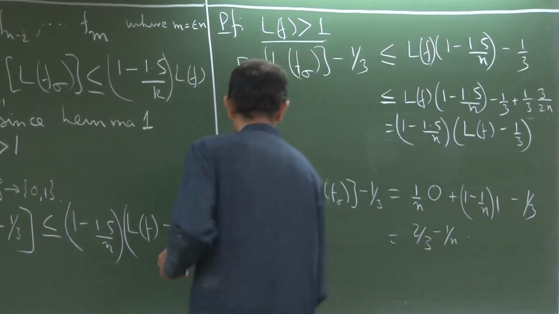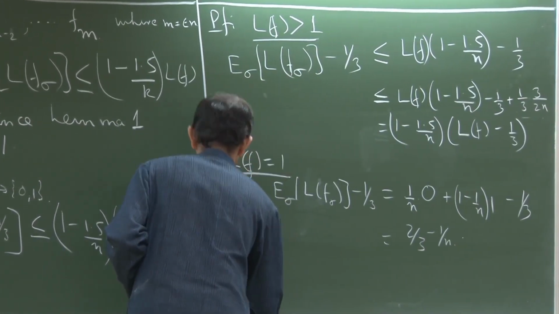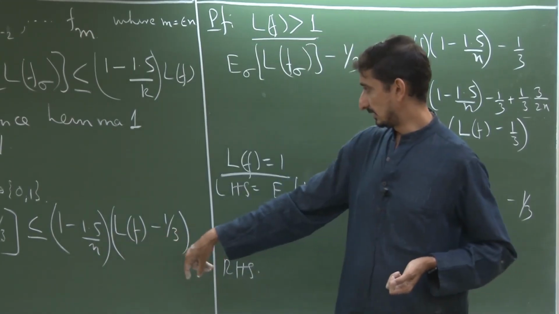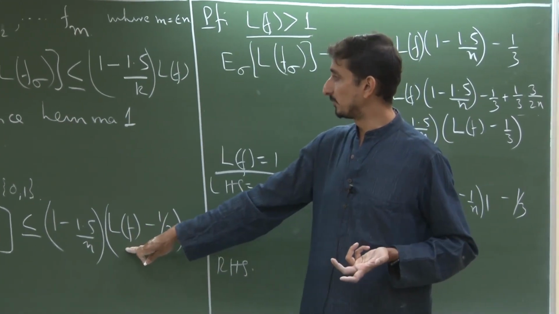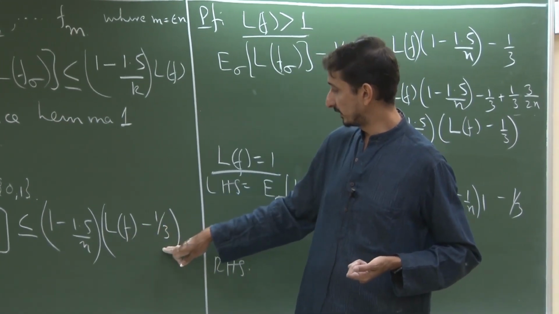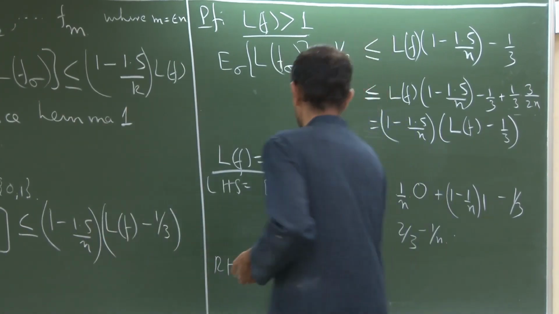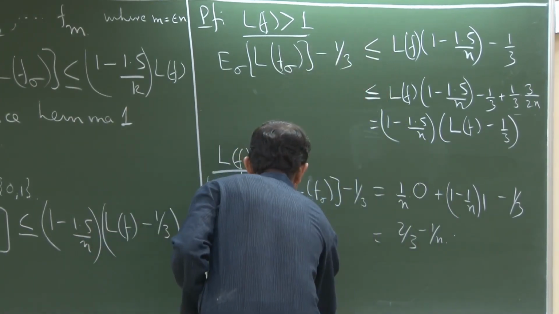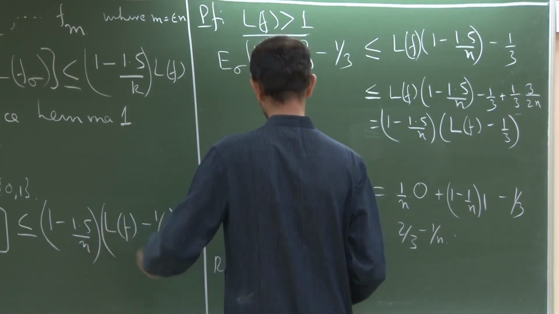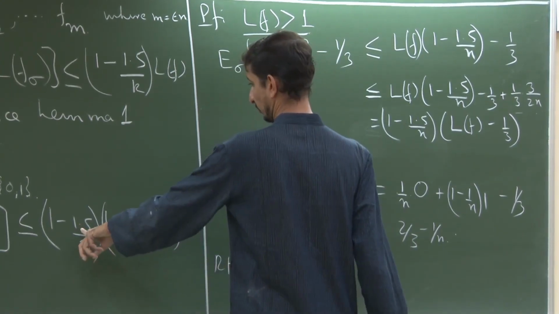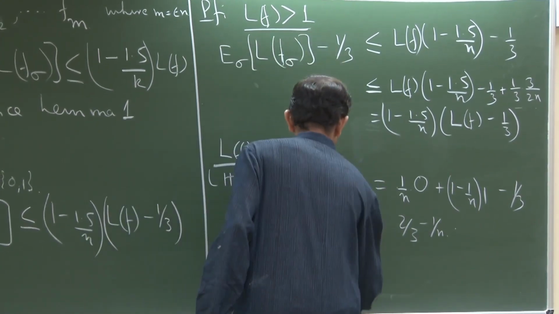Now, what about the RHS? We know that L of f is equal to 1. So, 1 minus 1/3 is 2/3, and 2/3 into this quantity is equal to 2/3 into 1, which is 2 by 3, minus 2/3 into 3 by 2n, which is nothing but 1 over n.